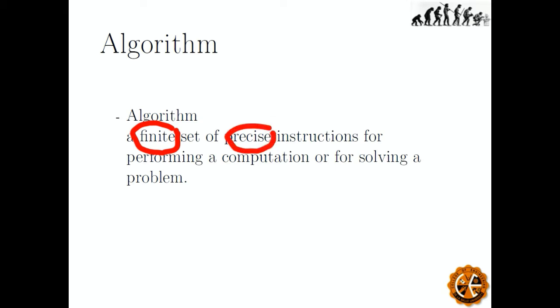So there's no room for vagueness with respect to the instructions. Performing a computation for solving a particular problem. So in the end, an algorithm is all about problem solving.